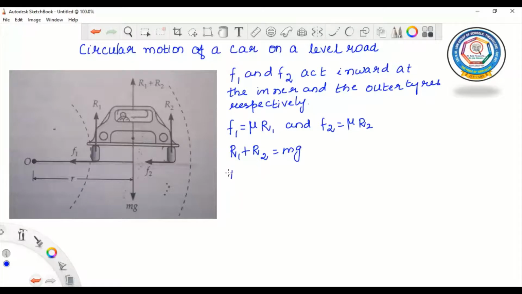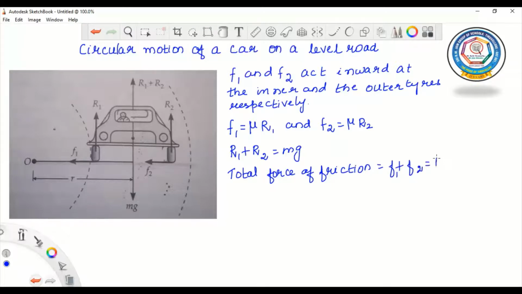Total force of friction is equal to F1 plus F2.